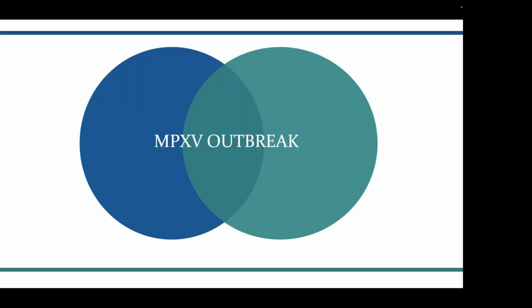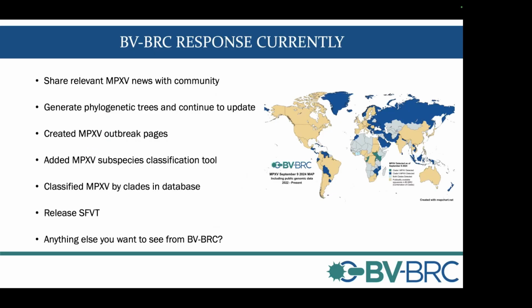Thinking about the monkeypox virus outbreak, we had a very similar response. The only additional thing that we've done for monkeypox virus was add our subspecies classification tool and then classify all the monkeypox virus genomes in the BV-BRC to the clade level. So now that data is annotated and accessible for you to use.